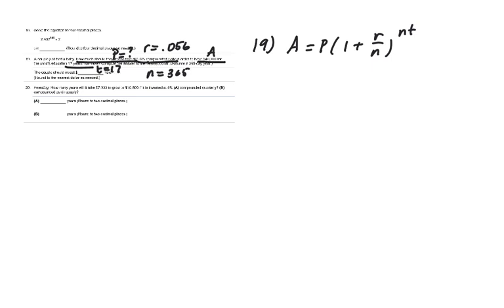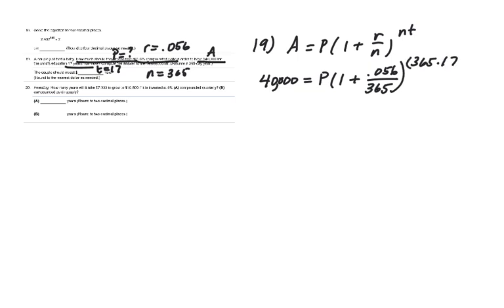Okay, so our A is given to be 40,000, equal to P, that's what we're trying to determine, times 1 plus the rate 0.056 divided by the number of compoundings 365, raised to n, 365 times t, 17.